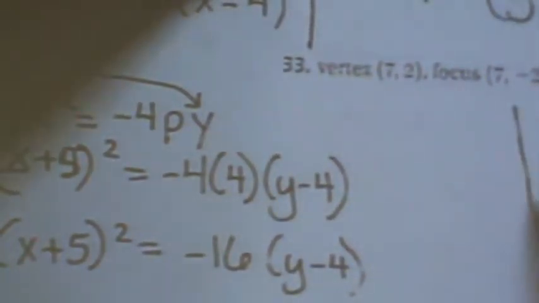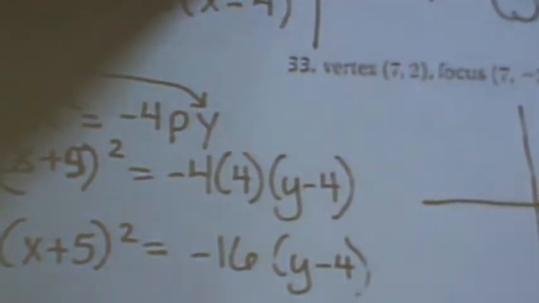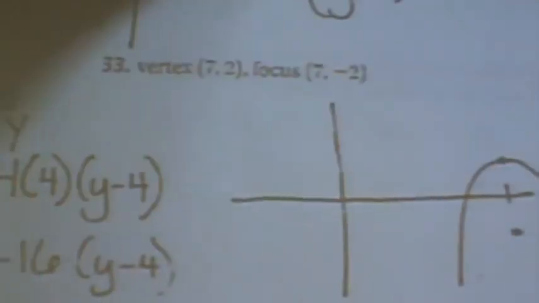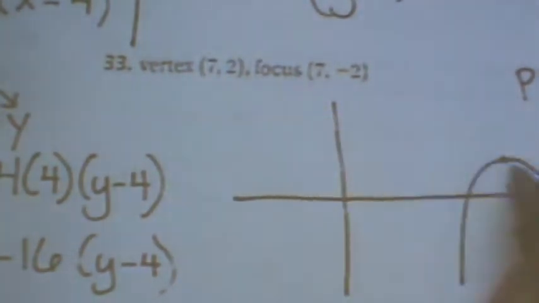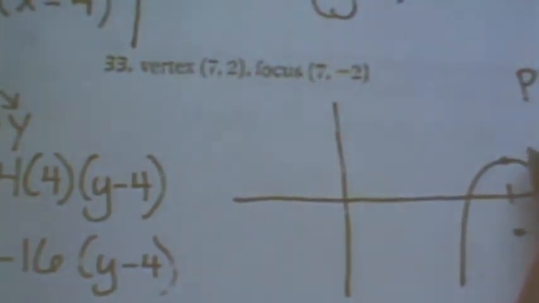Your vertex is (7, 2). And (7, -2) is your focus point. So this one's upside down. What's p? 4. So how do you write this one? Can you write it in one shot? Is this an x squared or a y squared problem? X squared.